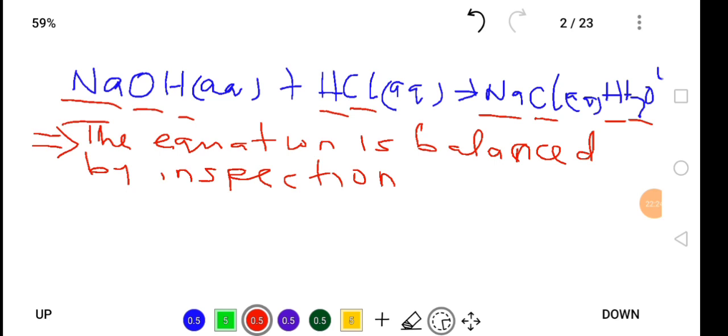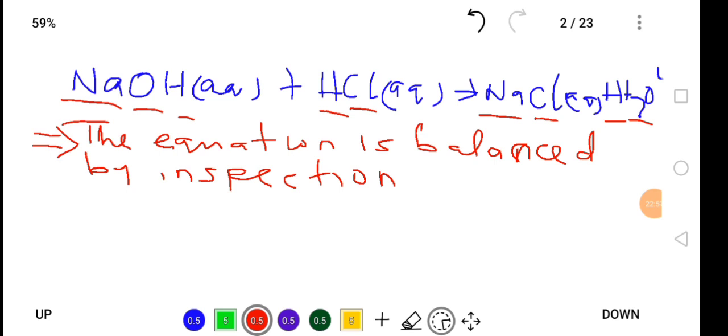You are not supposed to leave the equation just like that, because on the questions, before they ask you to write an ionic equation, they are going to ask you to write a balanced chemical equation of the reaction between sodium hydroxide and hydrochloric acid. Now, when you write that equation, you need to make sure that the equation is balanced.